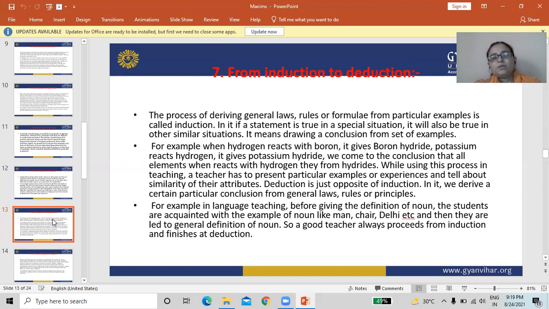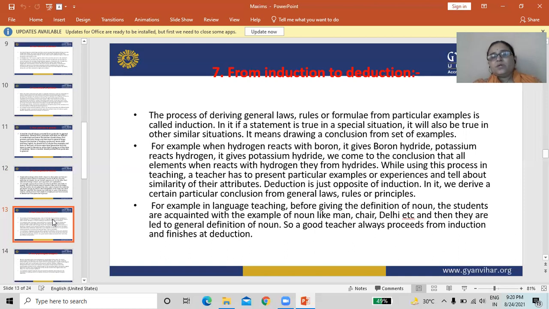For example, when hydrogen reacts with bromine, it gives hydrogen bromide. Potassium reacts with hydrogen, it gives potassium hydride.